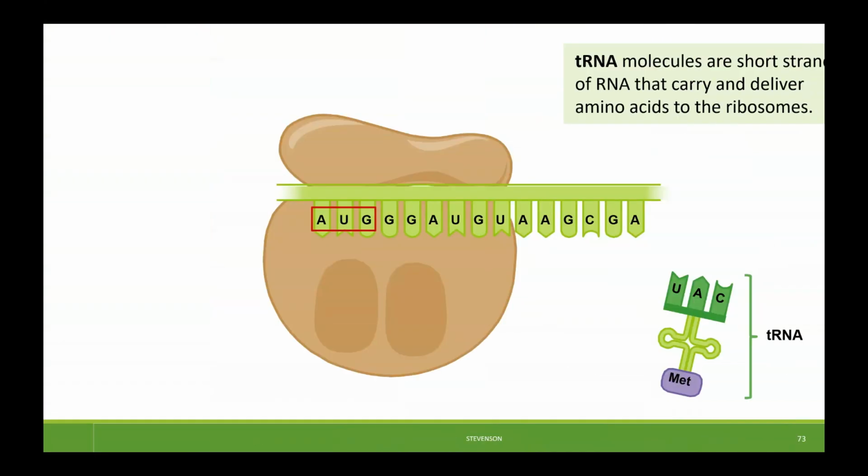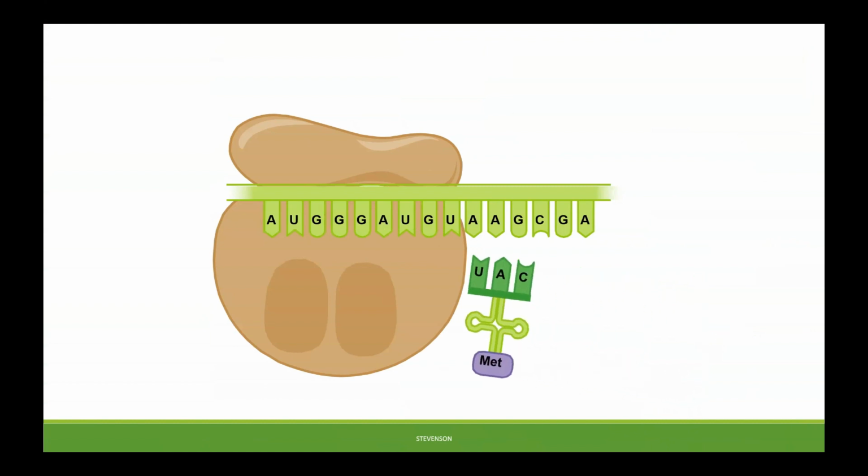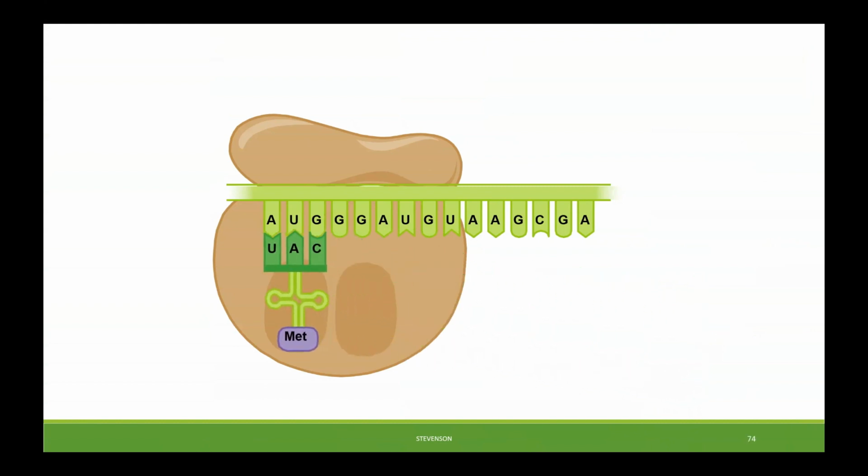So getting back to that animation, the ribosome has called up a tRNA molecule that is the right match for AUG, and it's carrying the right amino acid. The tRNA will enter the ribosome and match up with that first codon. Then the ribosome looks at the second codon. In this case, it's GGA.